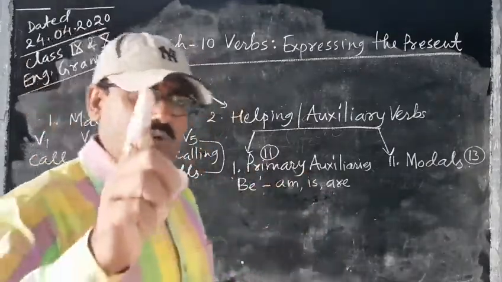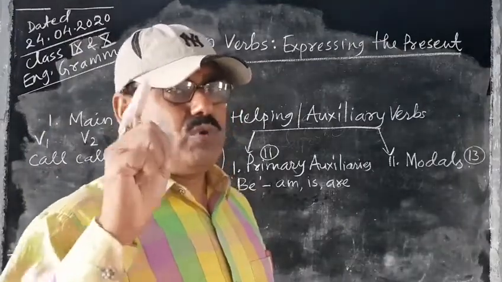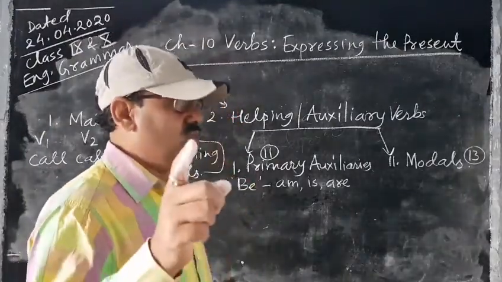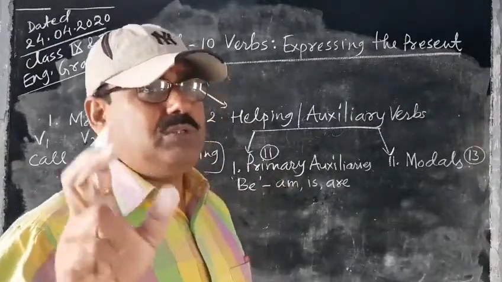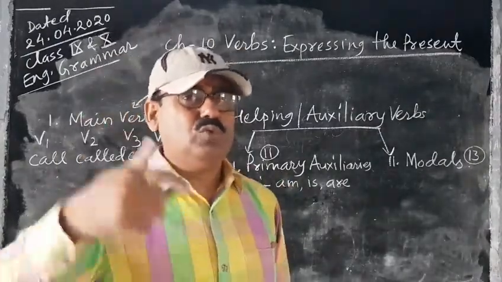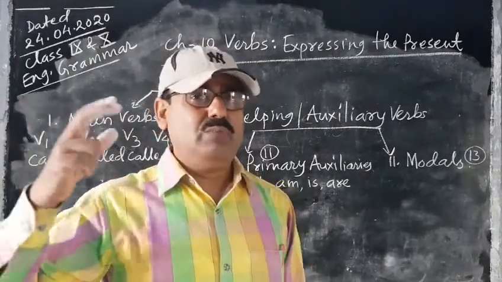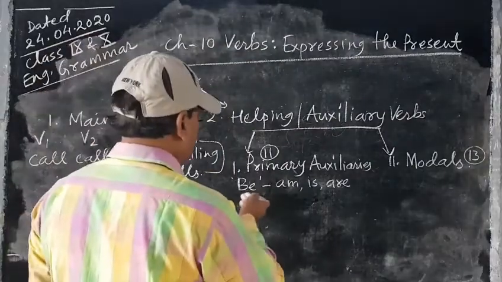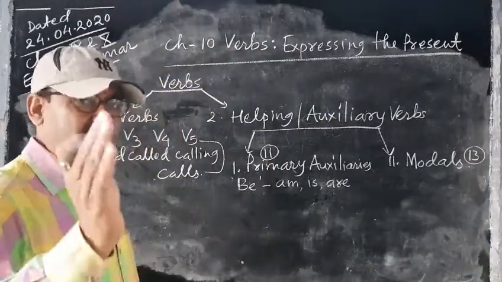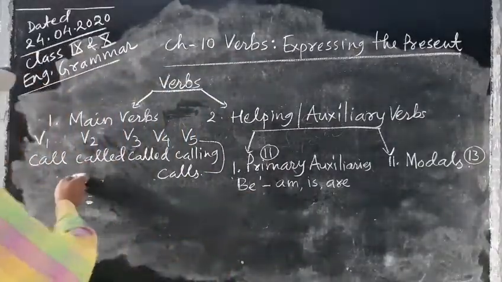One fact is also very important to understand, that primary auxiliaries have the capability to change themselves into ordinary verbs or main verbs. Primary auxiliaries have their 5 forms also, because they will turn to the main verbs.